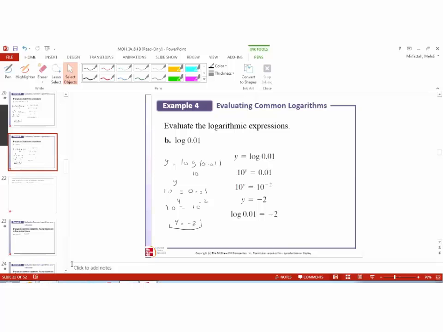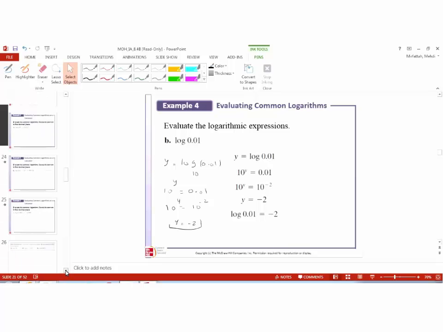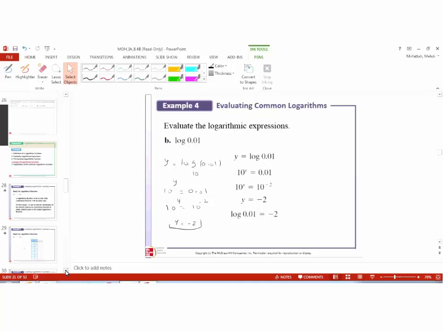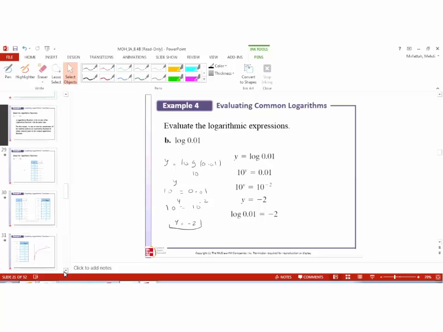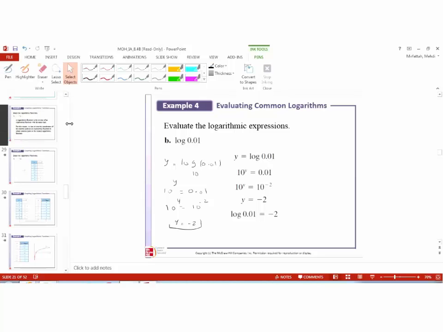So let me pause here. Okay, 10. The question is, where did 10 come from? So if there is no base written, it's understood to be 10 always. Okay? If it's not 10, then they have to tell you what it is.